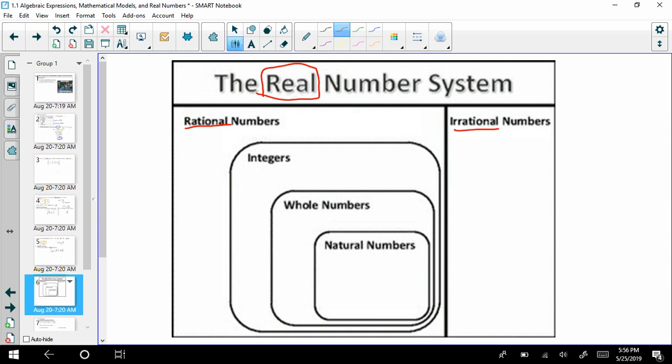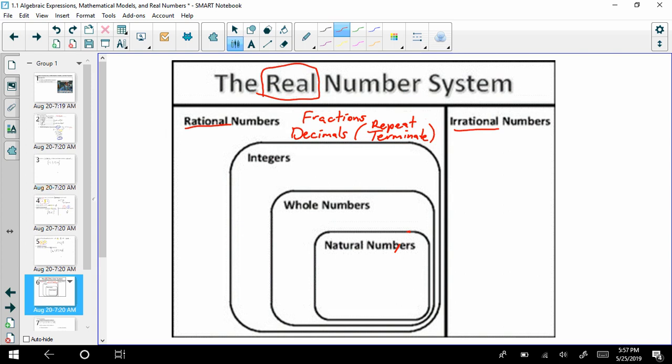Rational numbers can be written as fractions, or they can be written as decimals. However, when they're written as decimals, they either repeat themselves at some point or they terminate, which means they have to end.